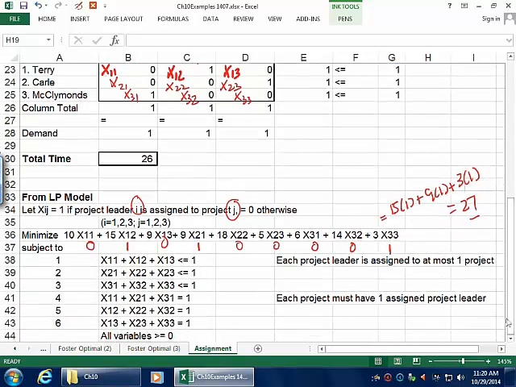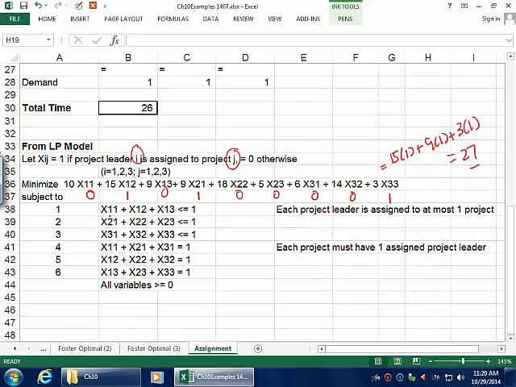So here were the constraints. This kind of thing is going to be the number of projects assigned to person 1. See the 1, 1, 1 here.